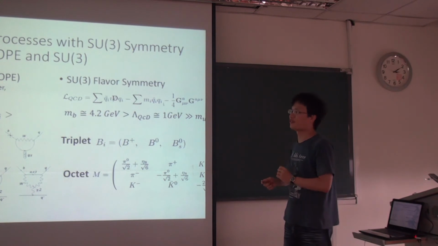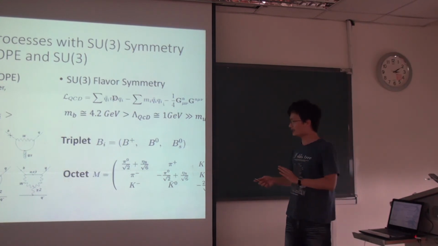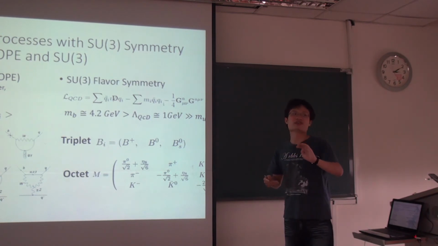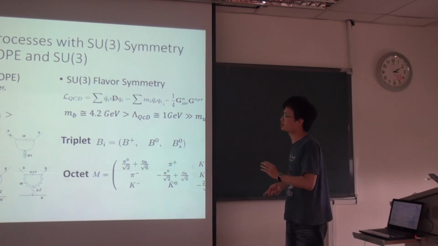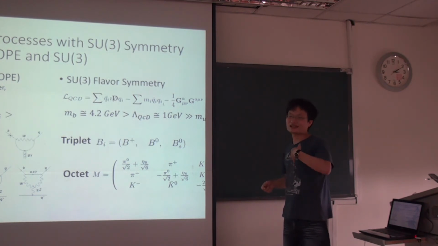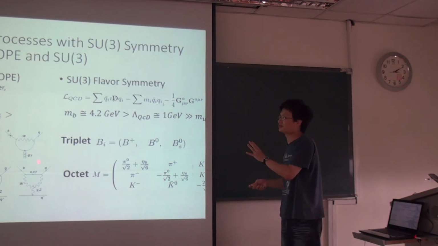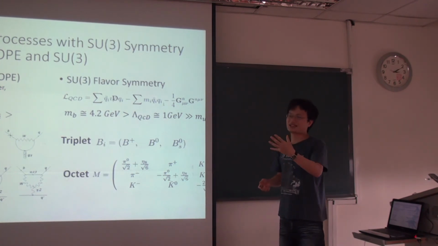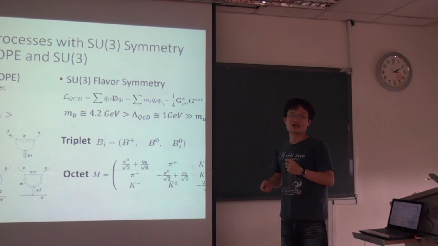This is called SU3 flavor symmetry. And it doesn't have a relation with the CP violation or C violation or P violation. We just use it to simplify the calculation.